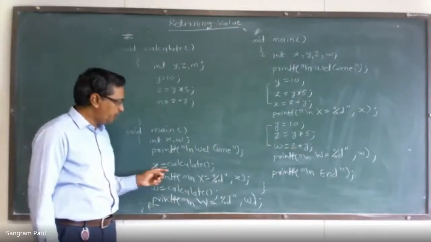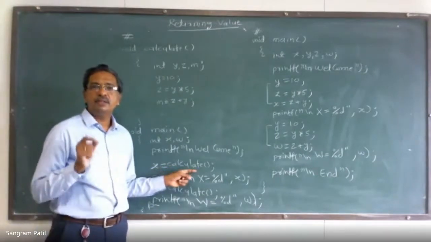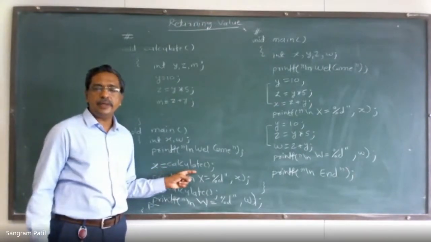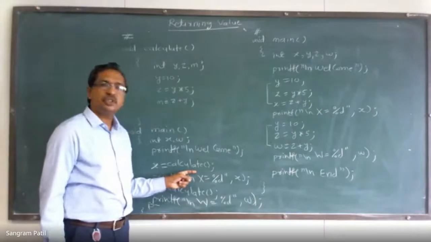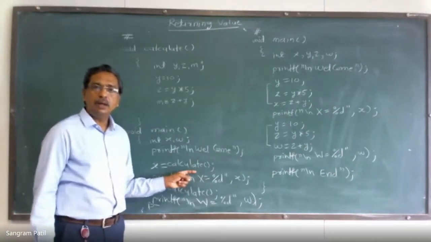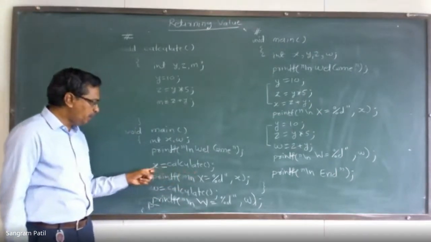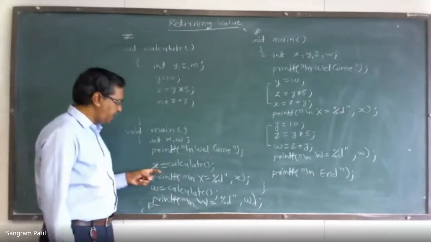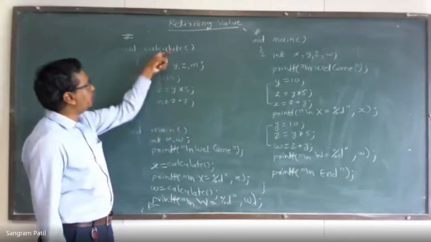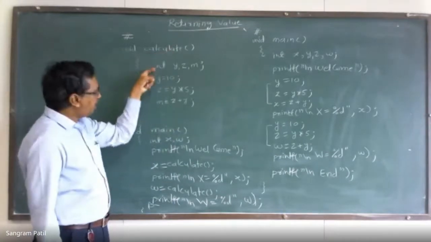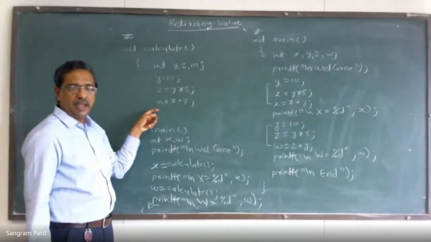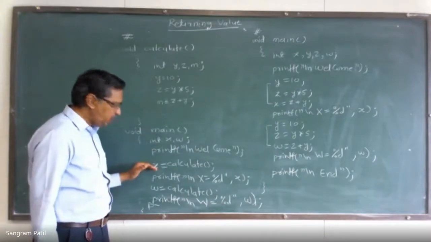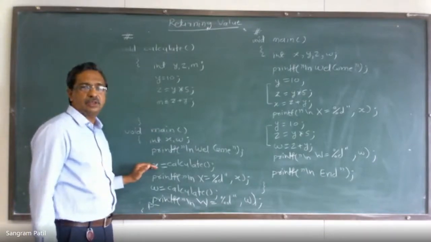So x equal to calculate, this indicates go to execute function calculate and take value into the x. So when this statement is executed, it goes to execute your calculate function. It completes the calculate function, and we want one value into the x.